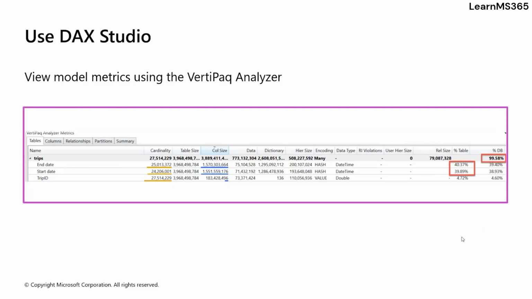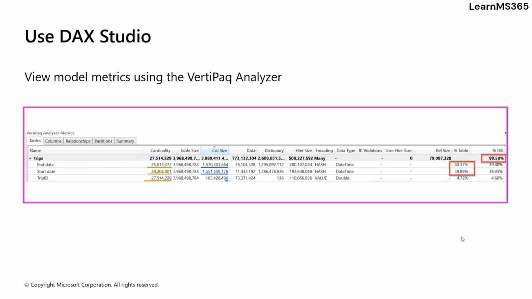So if we notice the model in the image, it contains a table that consumes 99.6% of the database memory. And by drilling into the table, we can see that two columns, end date and start date, are gobbling up the most memory.